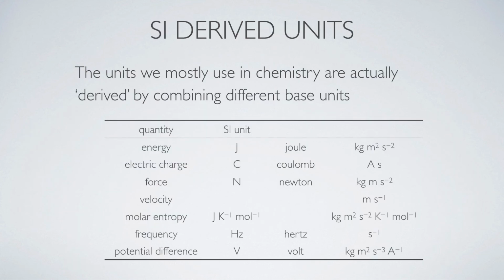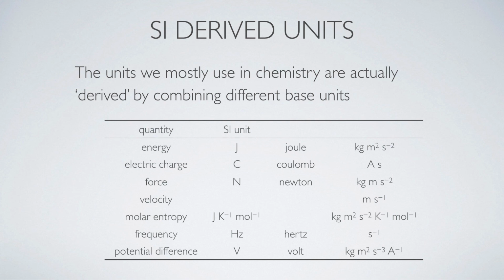Now, the 7 base units I have, amp, mole, kilogram, and the rest, actually combine in different ways to make all of my other units that I should be using. The most commonly used units in chemistry are probably some simple things like a joule.